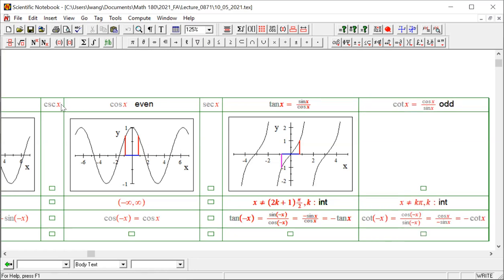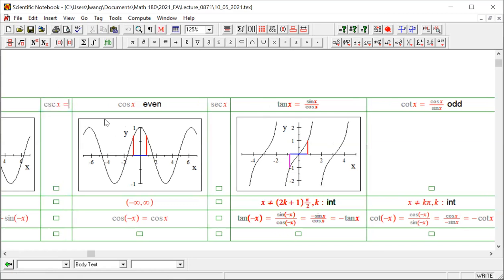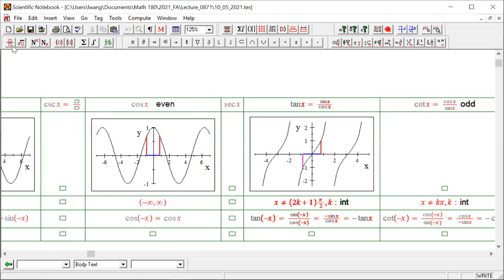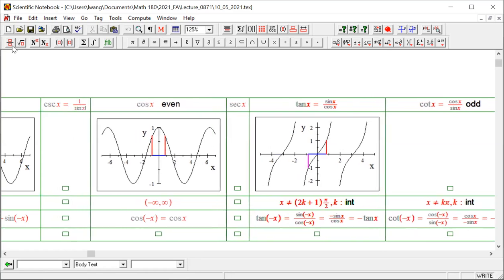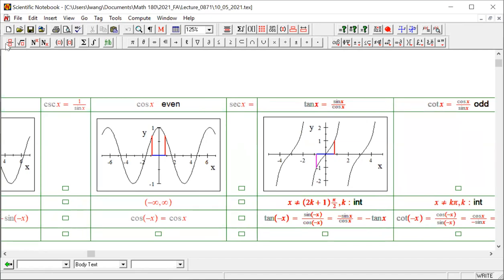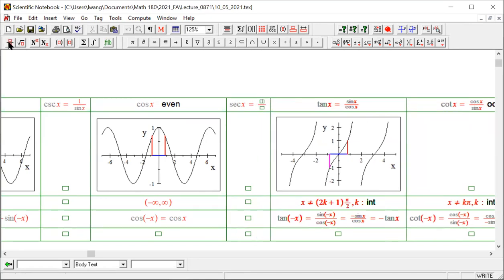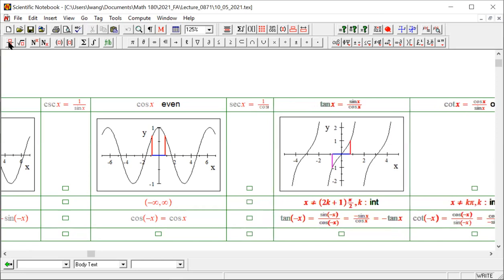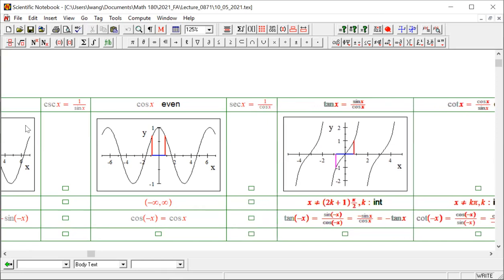Cotangent is odd. How about secant, cosecant? I put them next to cosine and sine. This is basically a hint. Because cosecant is 1 over sine, and secant is 1 over cosine, the denominator cannot be 0.